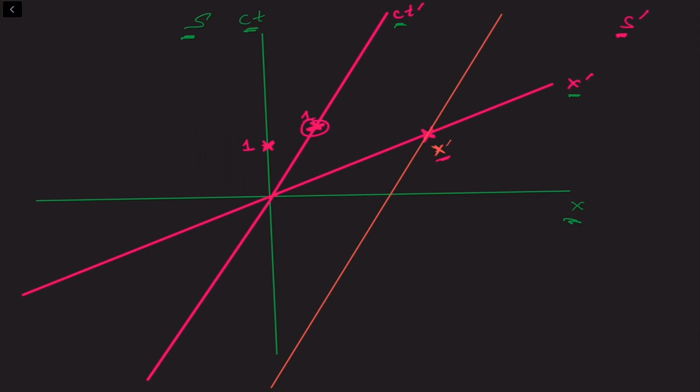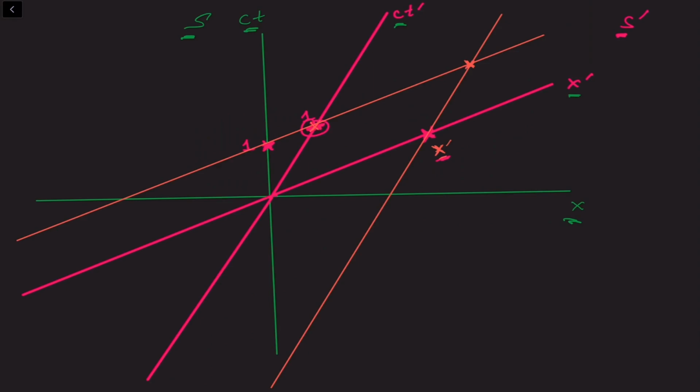So let's draw that line. This is a line passing through this point of unit time parallel to the x prime axis. All points on this line have the same time, and you see where it intersects the world line of our clock, which was at a particular location x prime.